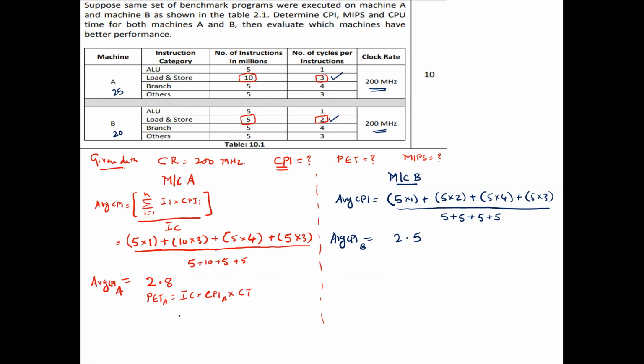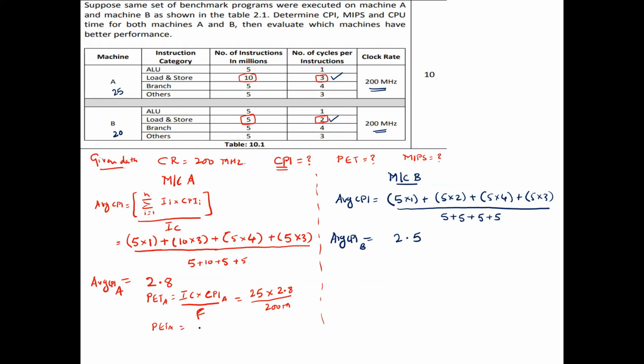Cycle time can be also given as what? I can directly replace this cycle time by clock rate, that is 1 by f. Now substitute the value. What is the instruction count here? The instruction count is 25 multiplied by, on an average, it is 2.8 divided by 200 megahertz. Now what is the value of PETA?